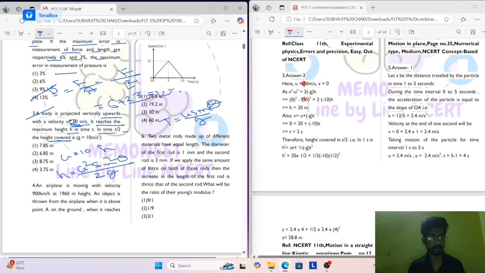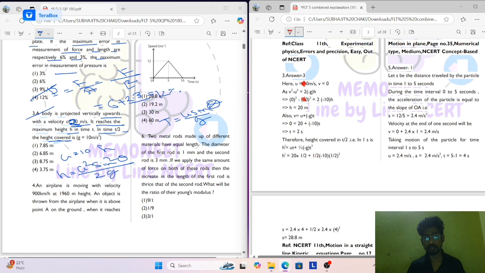So don't change here, change here also. 10 meter per second, this will be 10 meter per second, right? So 100 divided by 20 will be there. This will be 5 only. This will be 5 meter.